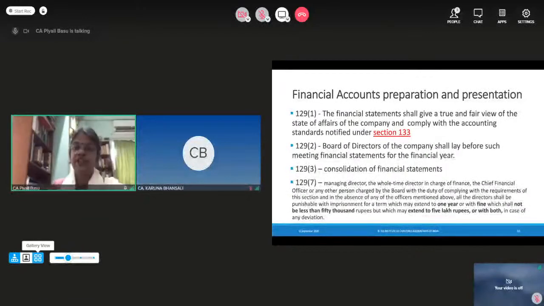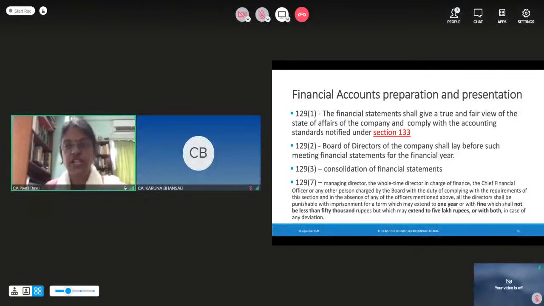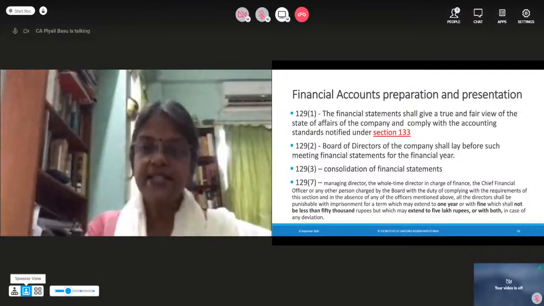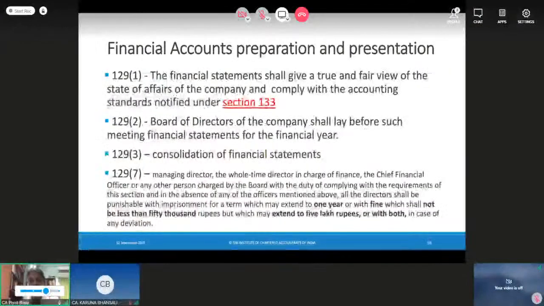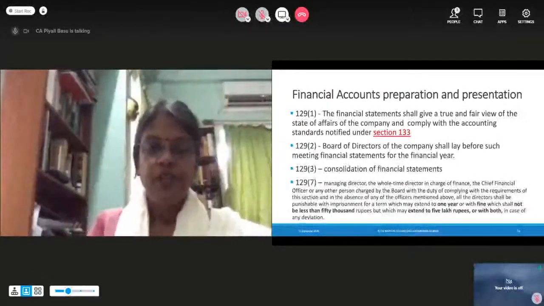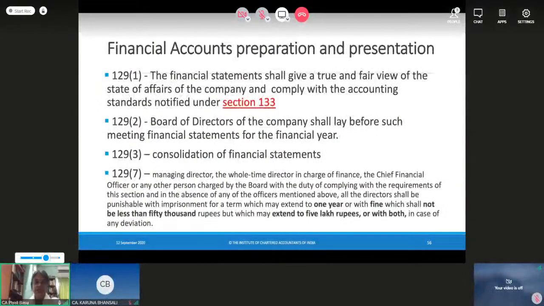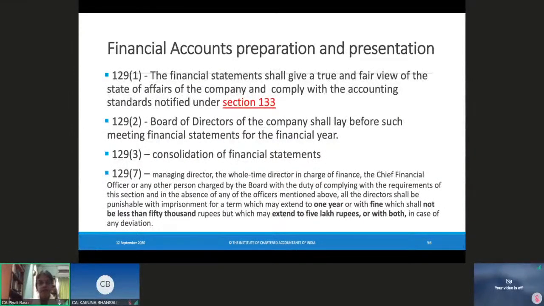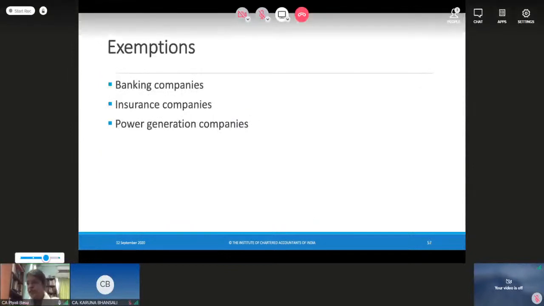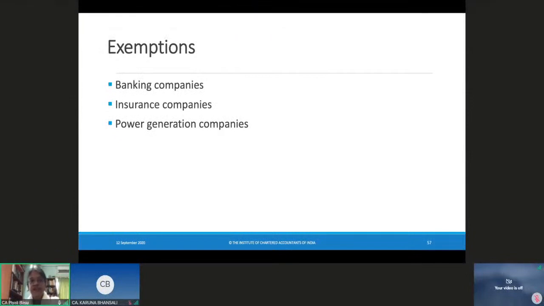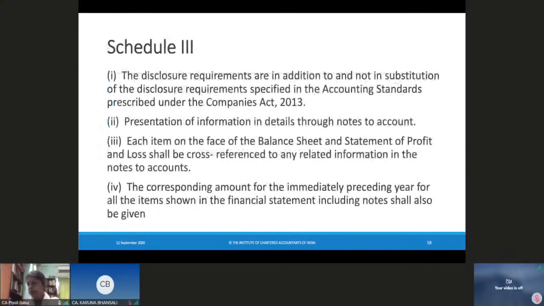And of course, 129(3) talks about consolidation of the financial statements, and certain penalties on all the directors, the CFO, the whole-time director and the managing director, in case there is some non-compliance with the requirements of this section. Exemptions where this is not required: banking companies, insurance companies, power generation companies. Okay. So we will come to Schedule 3.